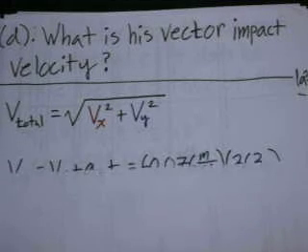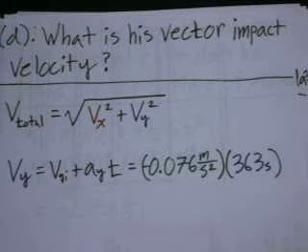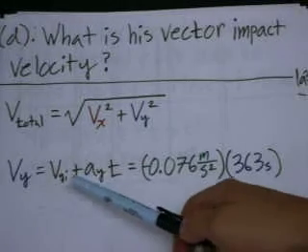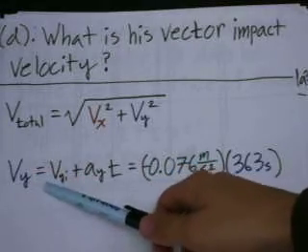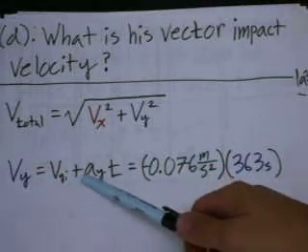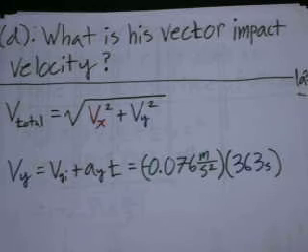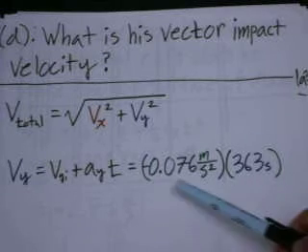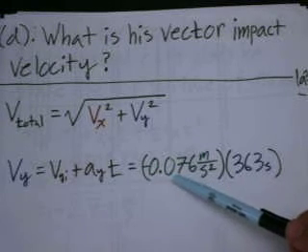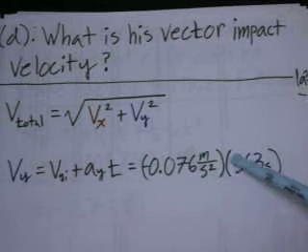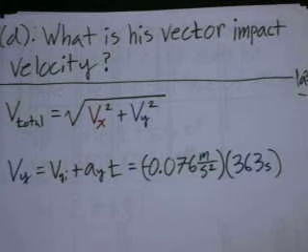To do this, we must find our velocity in the y direction. To find it, we will use the kinematic equation v final equals v initial y plus acceleration in the y direction times t. Substituting in our values, we get negative 0.076 times 363.